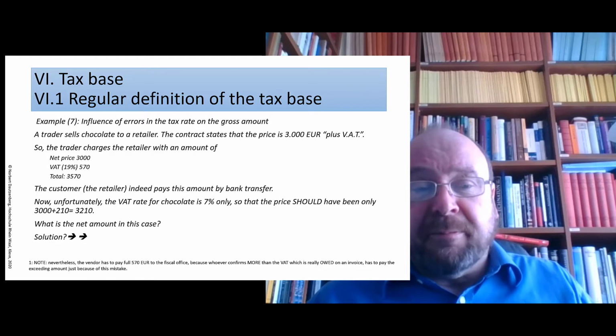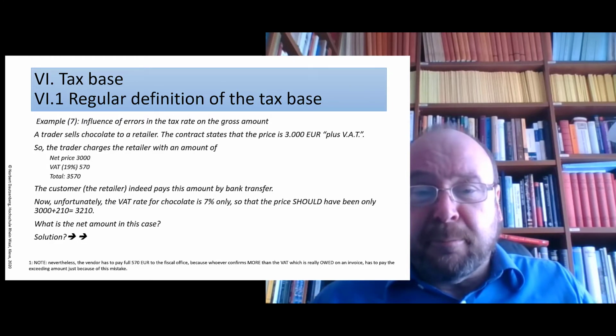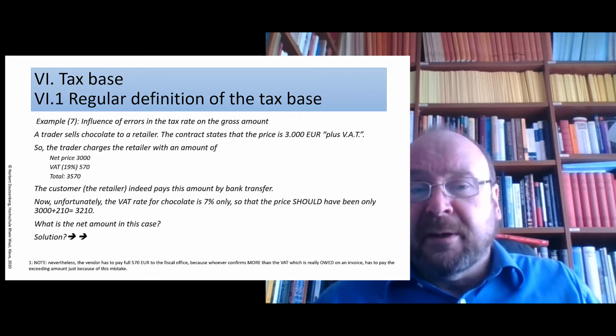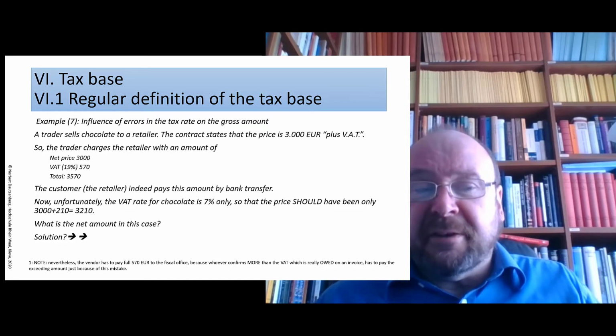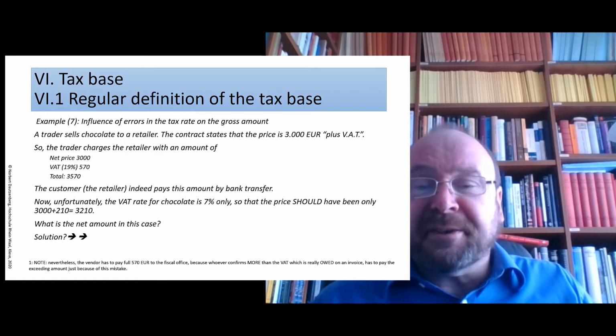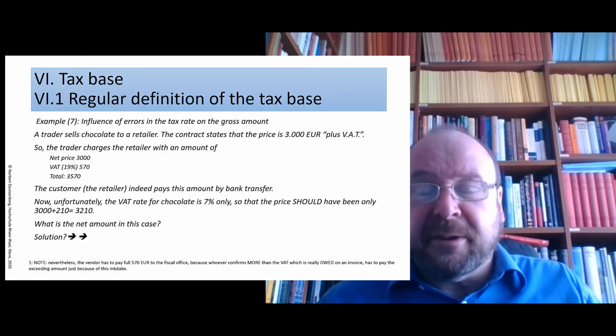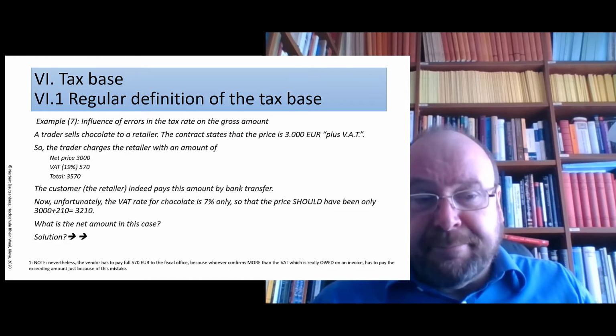Another example: which influence can errors have on the gross amount? For example, people might make an error concerning the tax rate. Imagine a trader sells chocolate to a retailer. They agree on a net price plus VAT. They say, okay, this shipment of chocolate will cost 3,000 net.